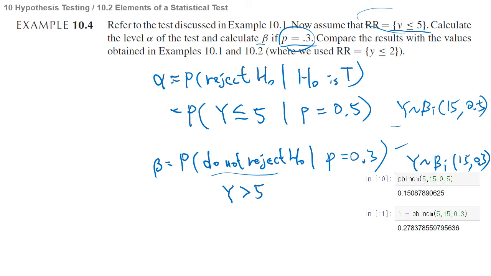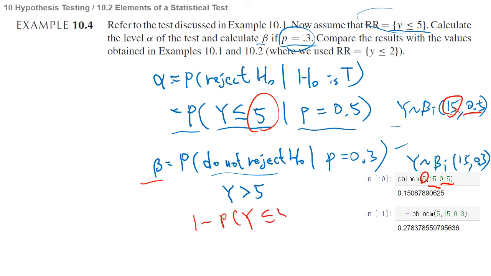So using pbinom, the probability of y less than or equal to 5 given p is 0.5, that is pbinom 5. This 5 is from here, n is 15, and p is 0.5. And also for beta, we are calculating y greater than 5, so it is actually 1 minus the probability of y less than or equal to 5.